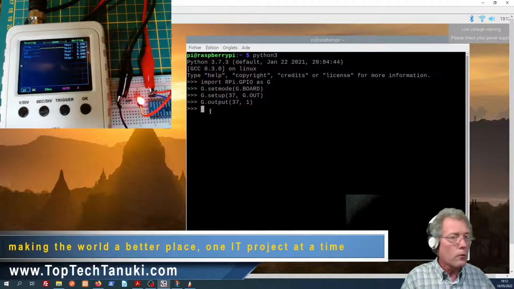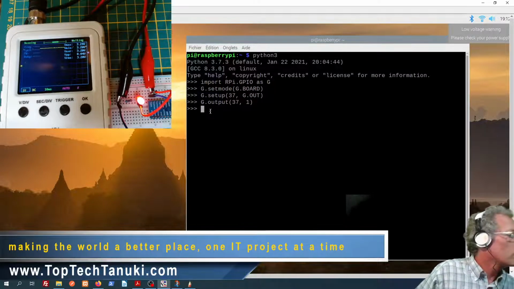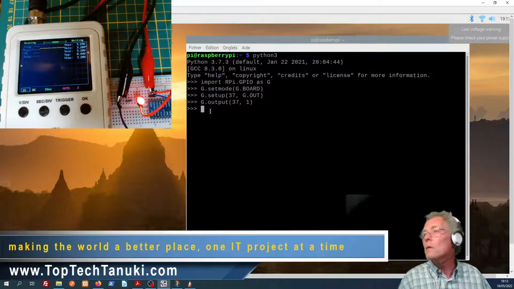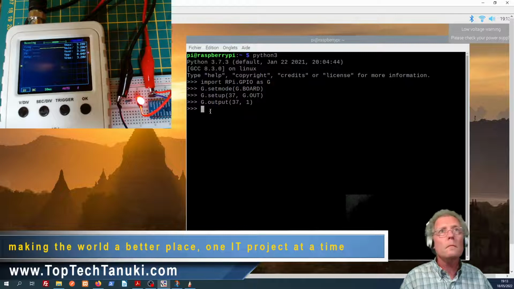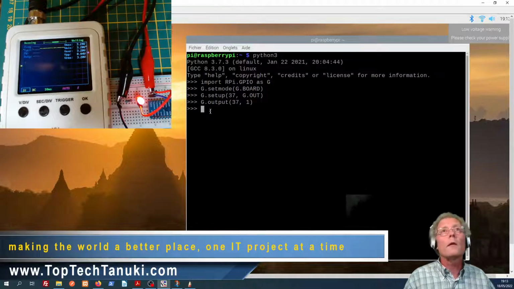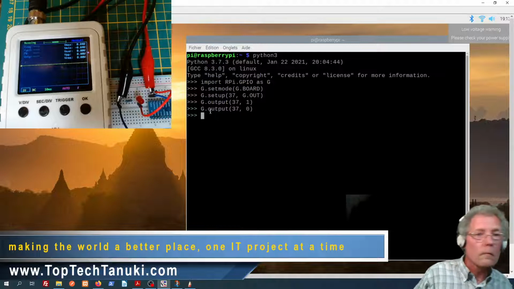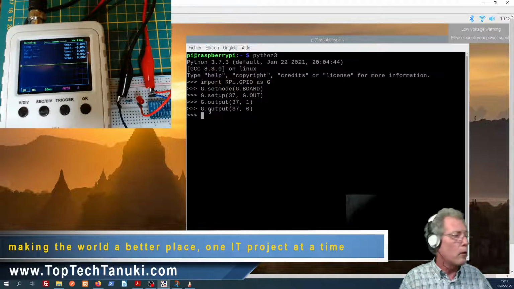Okay, and you see on the scope that the value is now high, which is 3.2 volts, which is about what is expected. Okay, then we can set it to 0. And we see that the level comes back to 0.